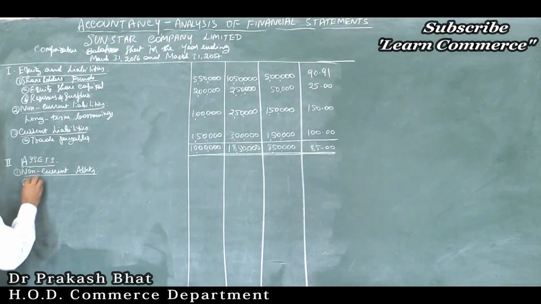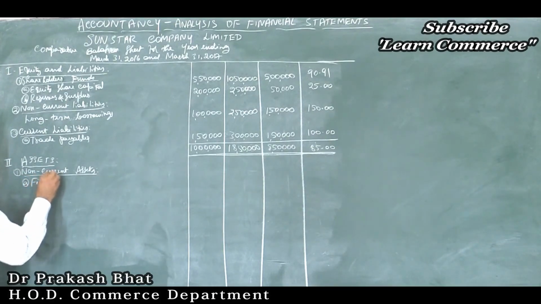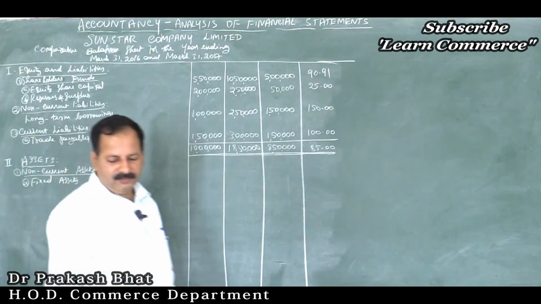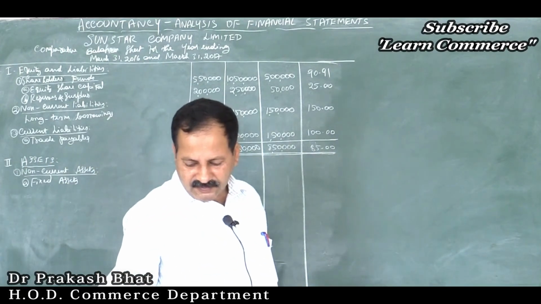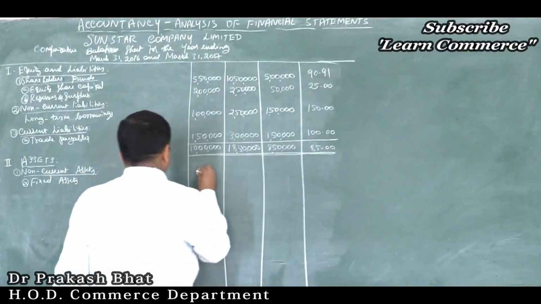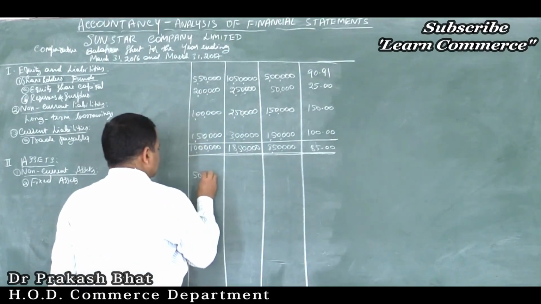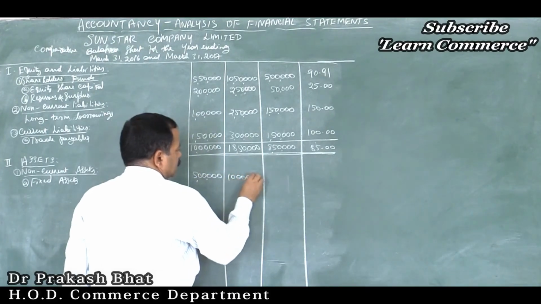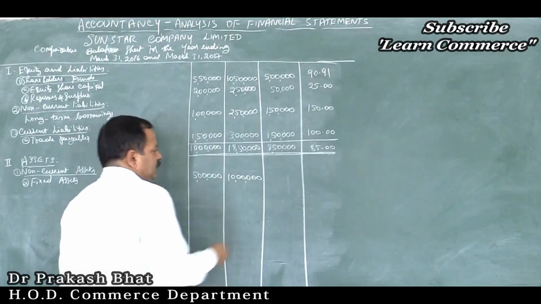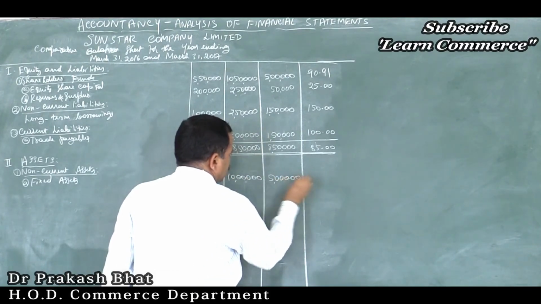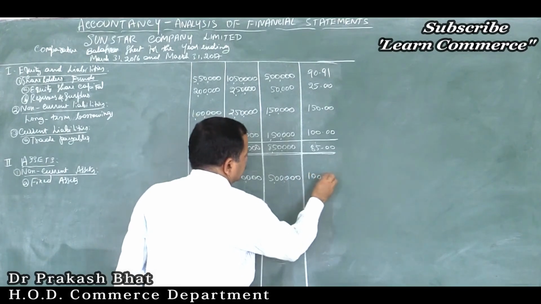Point A, fixed assets. How much? Yes, 5 lakh and 10 lakh. 5 lakh increase. So naturally 100%.